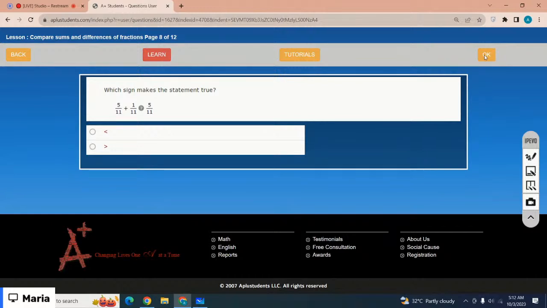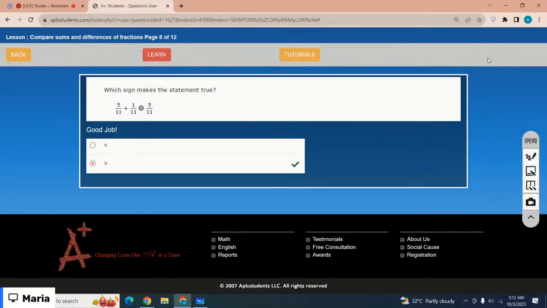That would be 5 plus 1 is 6. So 6 over 11 is greater than 5 by 11, right?